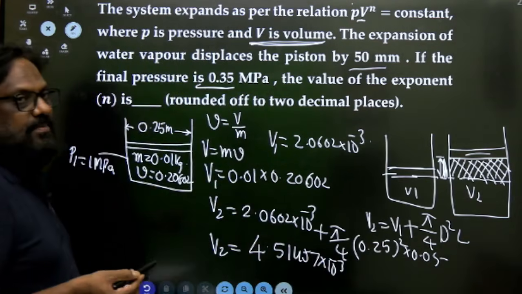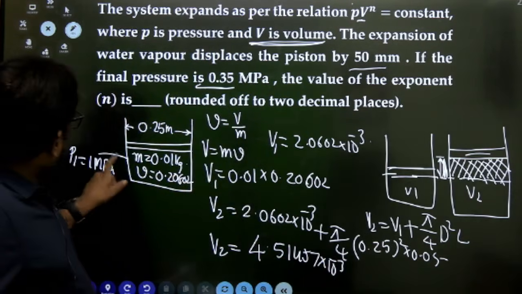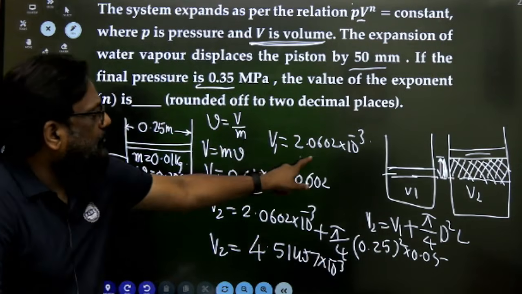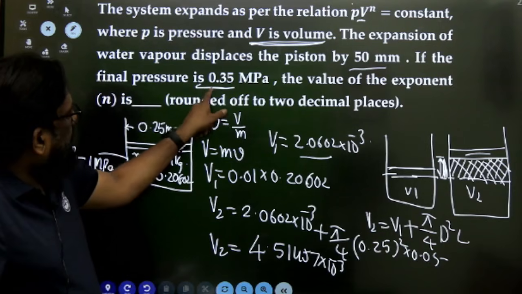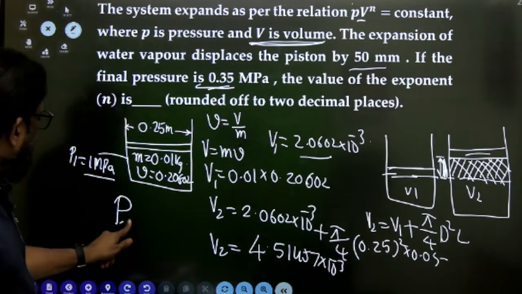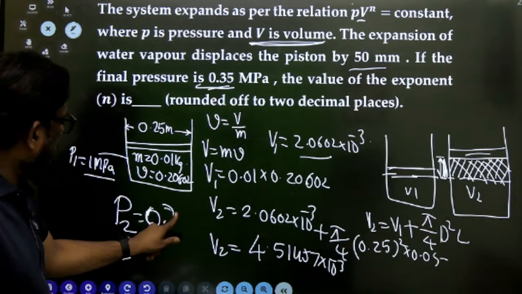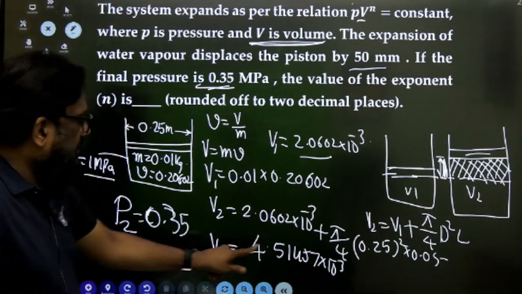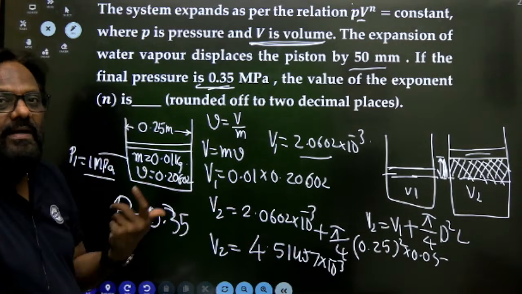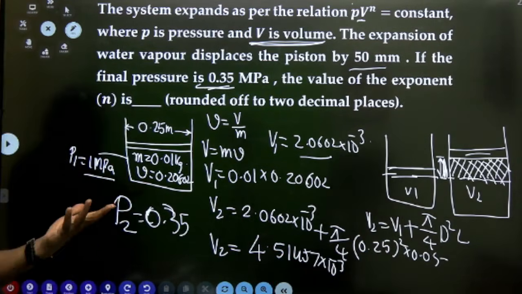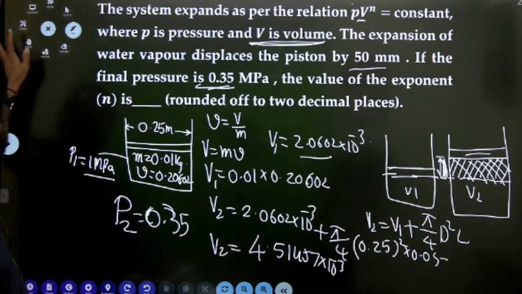और क्या है सर? Where is the problem? Initial pressure P1 is 1 megapascal. Initial volume is known. Final pressure P2 is 0.35. And the final volume is this much. So can I calculate adiabatic, the index n? देखते हैं sir. एक second.